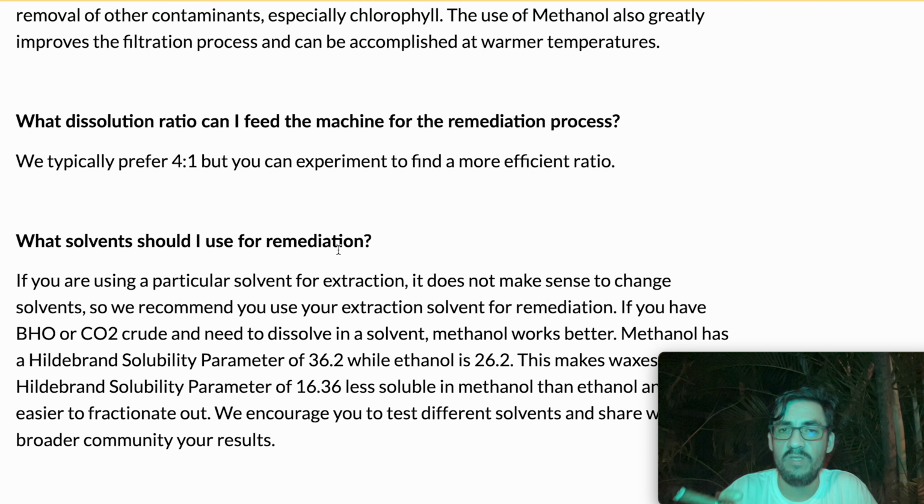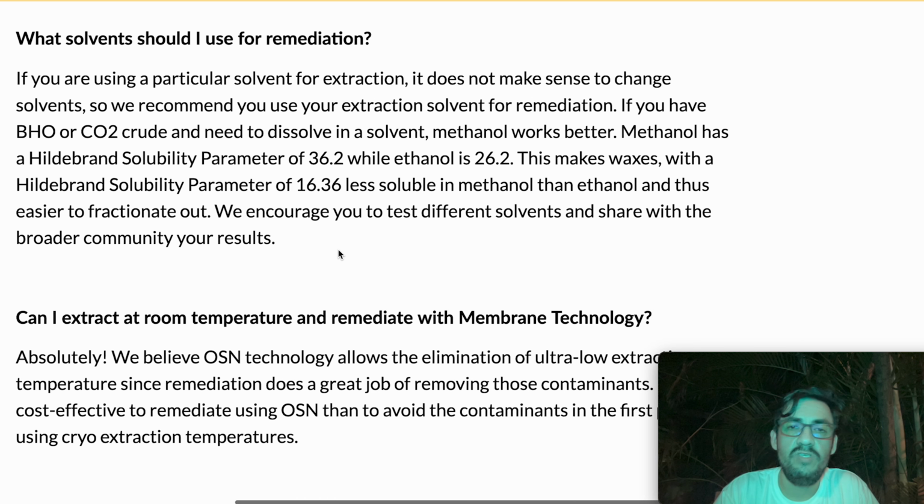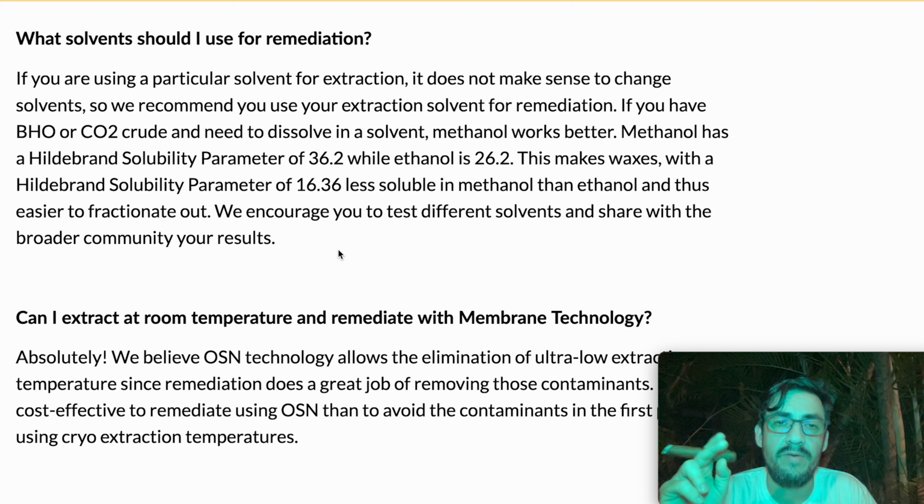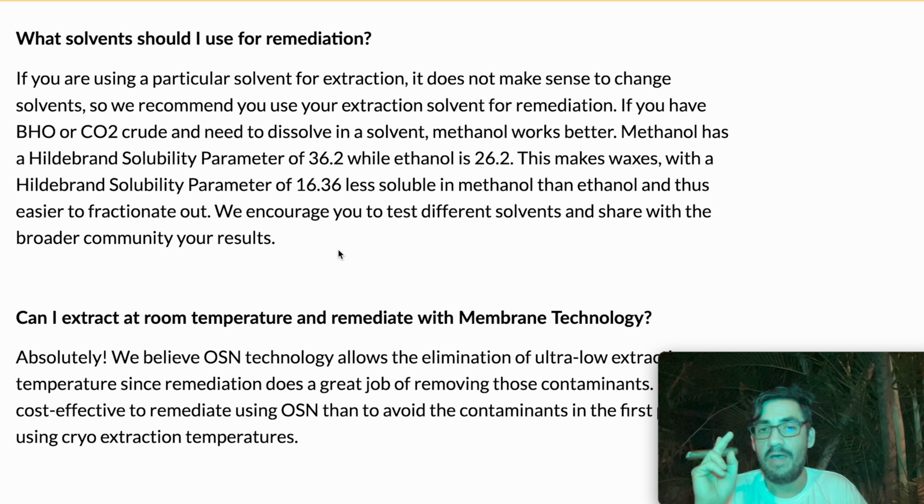What is the ratio of dilution for remediation? I said that previously, 4:5:1. What solvents should I use to remediate? Awesome. Methanol has a Hildebrand solubility parameter of 36.2, while ethanol is 26.2. Wow, that is a mouthful.